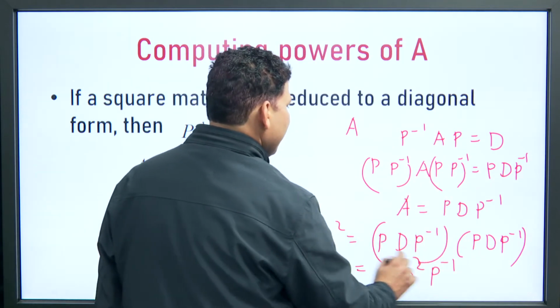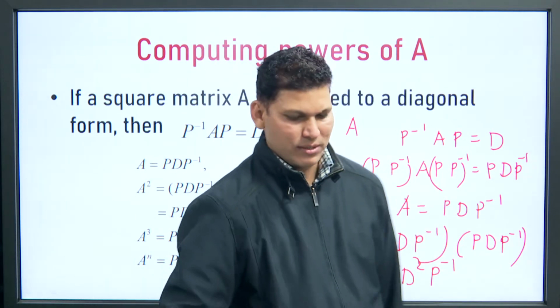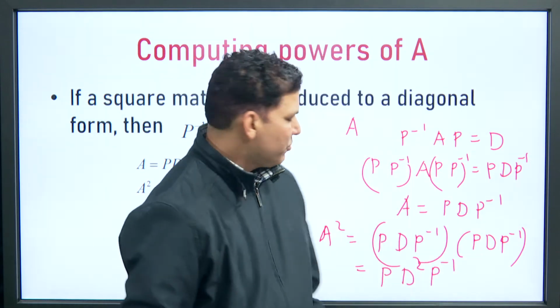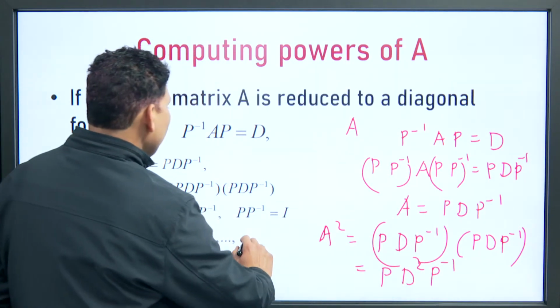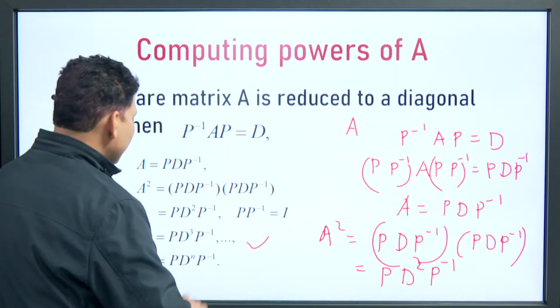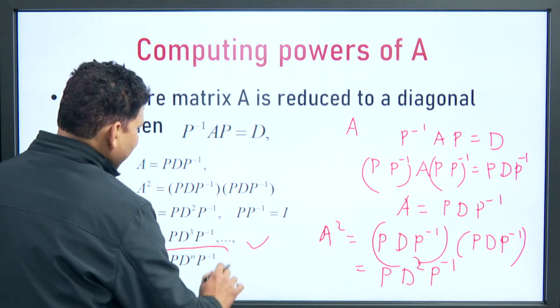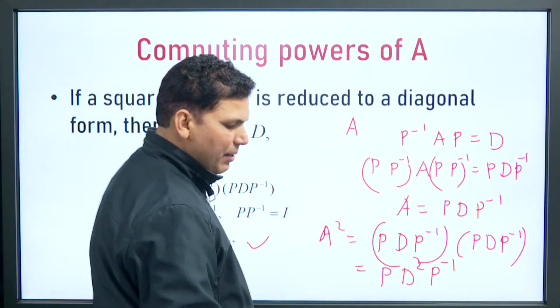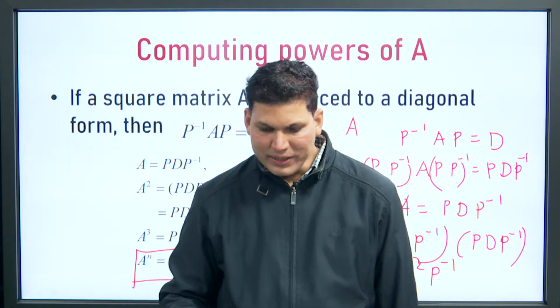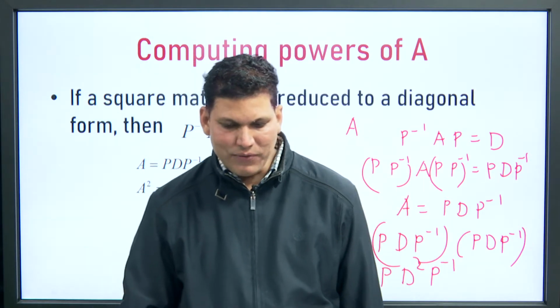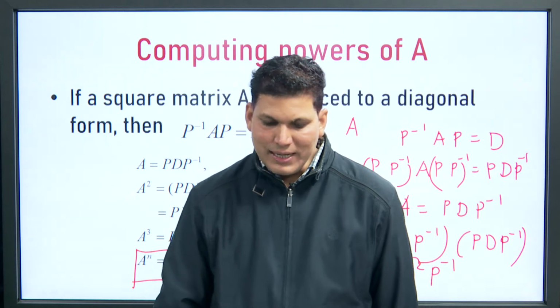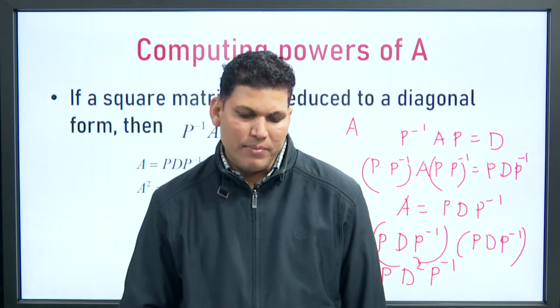So A square is P D square P inverse. Similarly, A cube is P D cube P inverse. More generally, A to the power n is P D to the power n P inverse. With the help of one example, we will see how we diagonalize a particular matrix.